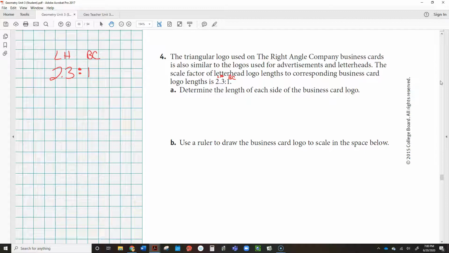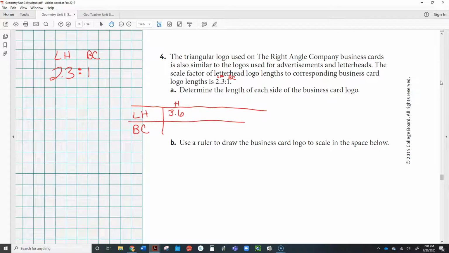Okay, so the letterhead's hypotenuse was 3.6. So we've got to reduce this by 2.3. We're going to make a little table: the hypotenuse of the letterhead, and then the hypotenuse for the business card.